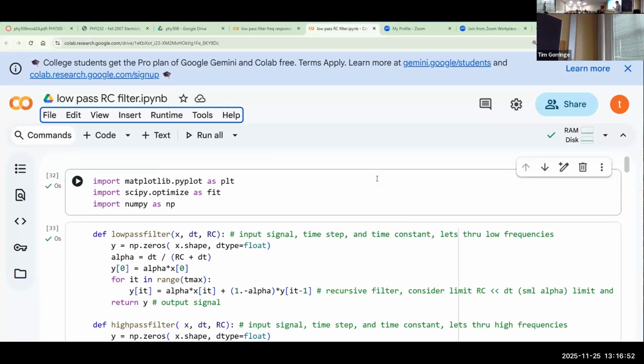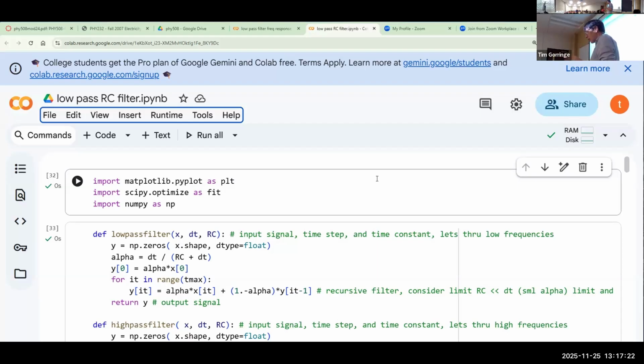In my code, before we go into the individual cells, I've got two user-defined functions. One user-defined function is for the low-pass filter that we focused on the details of, and then I've got another one for a high-pass filter. We didn't derive the recursion relation, but I put both filters in my code.